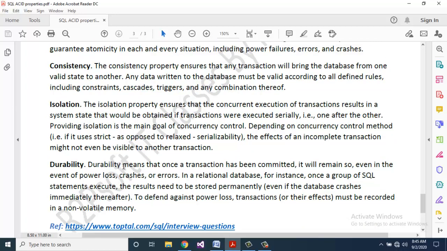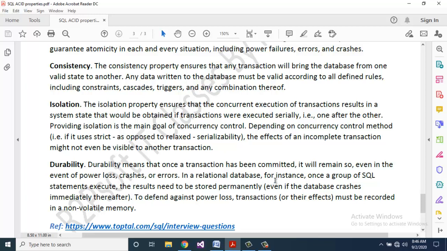Durability. Durability means that once a transaction has been committed, it will remain so, even in the event of power loss, crashes, or errors.